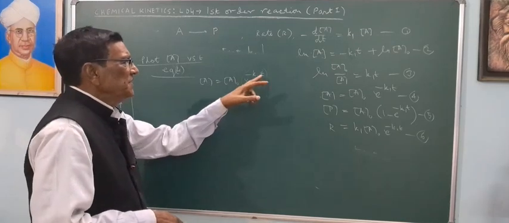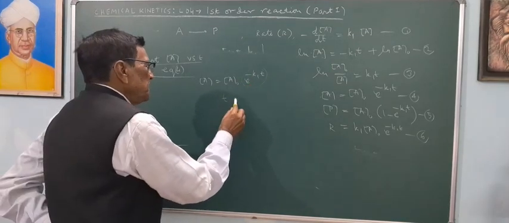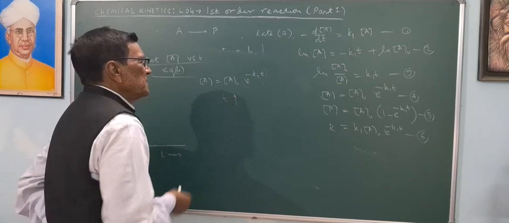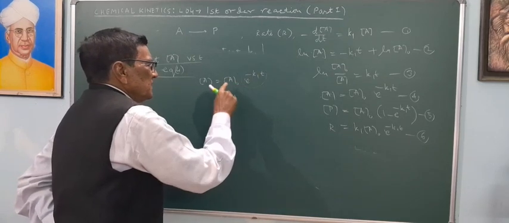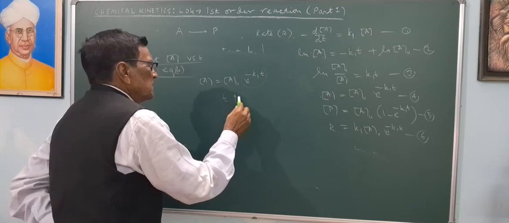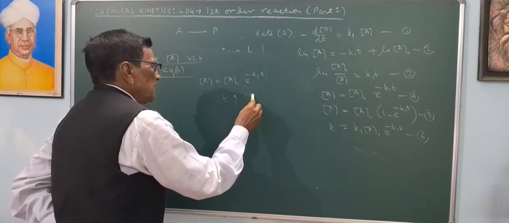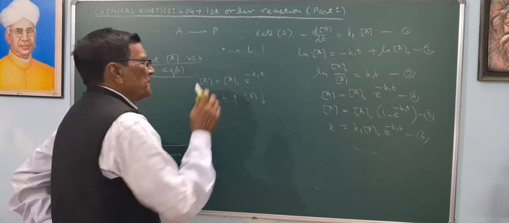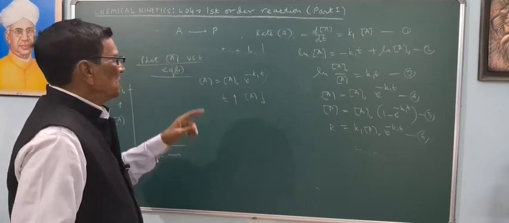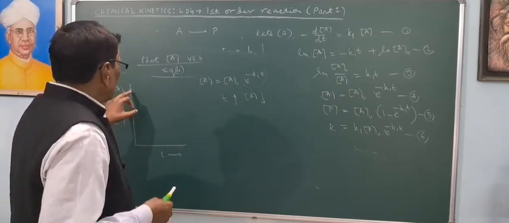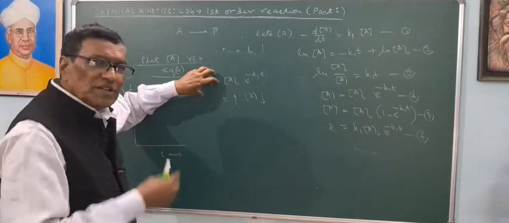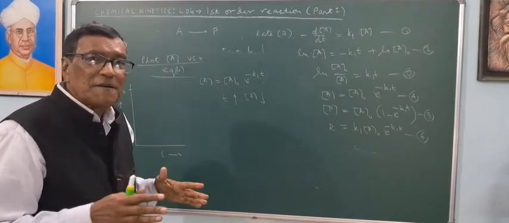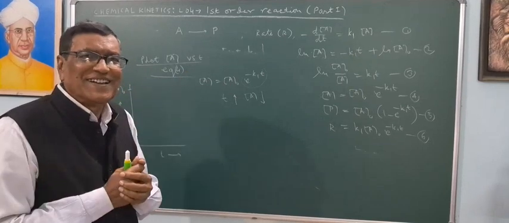And as t is increasing, this one is increasing, this value is decreasing, this is constant, and concentration of A is decreasing. So from the maximum value, as t is increased, this value decreases exponentially.